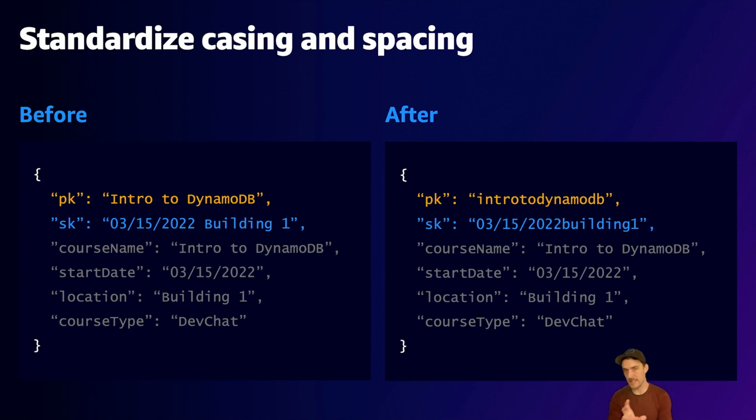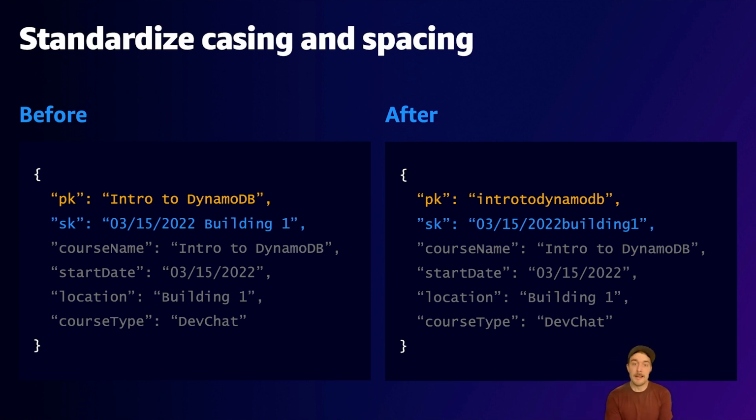Even if we weren't doing denormalization, to be honest, standardizing the casing and the spacing removes a large bit of information that the caller will have to know. So if we wanted to find intro to DynamoDB, all the courses by that, we can give just the partition key to DynamoDB, and it will find all of the associated records, because you give it the partition and you don't have to give it a sort key. It'll give everything underneath that partition.